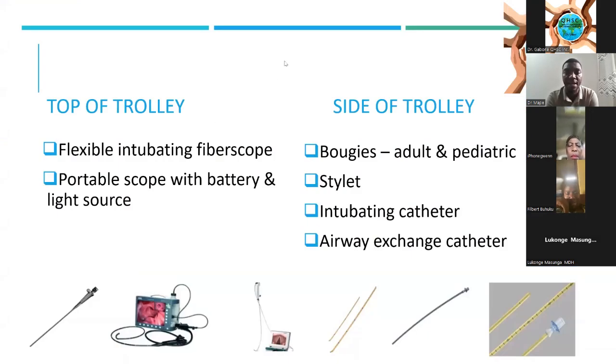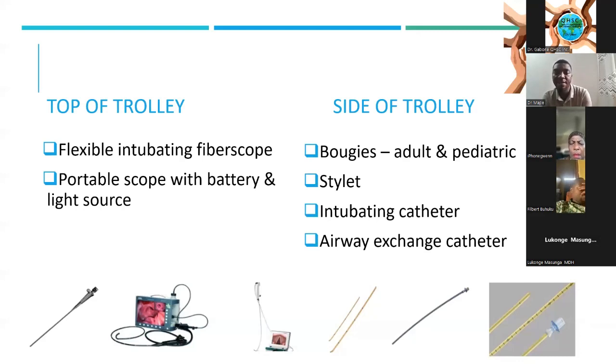So now we will start to arrange our difficult airway cart in terms of contents. What should be in the airway cart? On the top of the trolley, the working surface, you should put your flexible intubation fiberscope, a portable scope with battery and light. These are delicate instruments that you should handle with care, because if you don't put them well, it's very easy to block or destroy them.